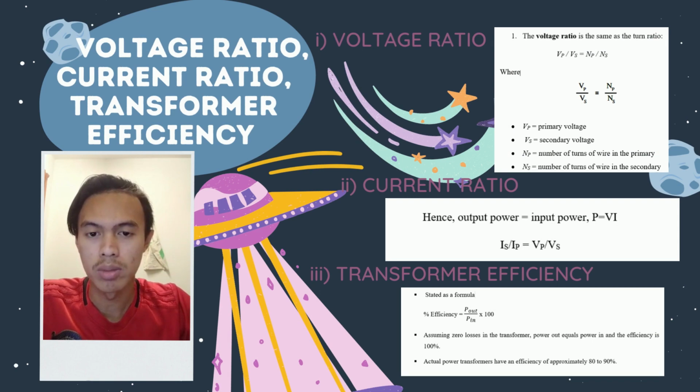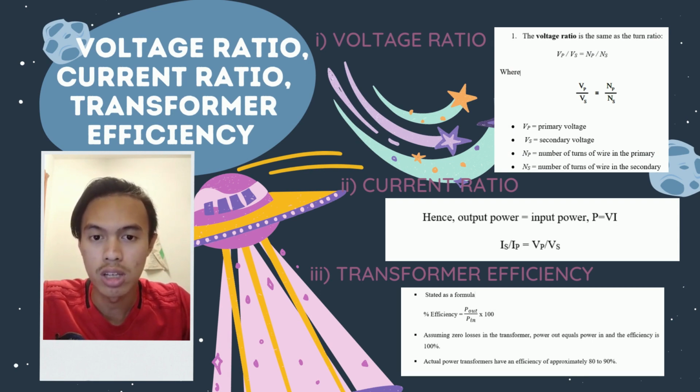Assalamualaikum warahmatullahi wabarakatuh. My name is Edi Amirul Aiman bin Edi Mulyadi. Now I will explain about the voltage ratio, current ratio, and transformer efficiency. First, I will explain about the voltage ratio. The ratio of primary voltage to secondary voltage is known as the voltage ratio. As mentioned previously, the ratio of primary turns of wire to secondary turns of wire is known as the turn ratio.